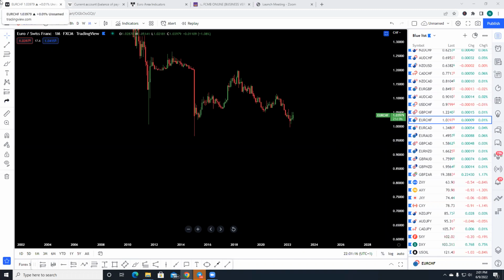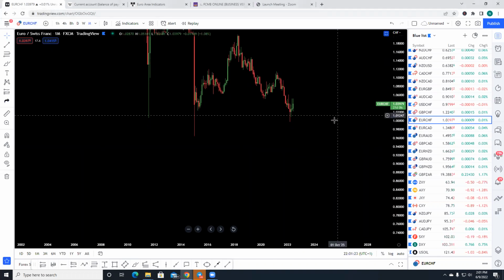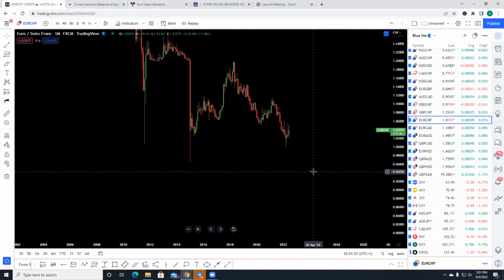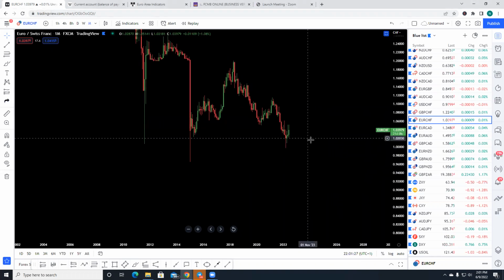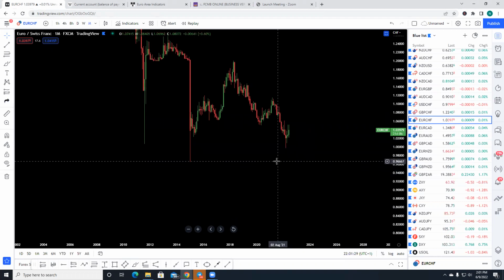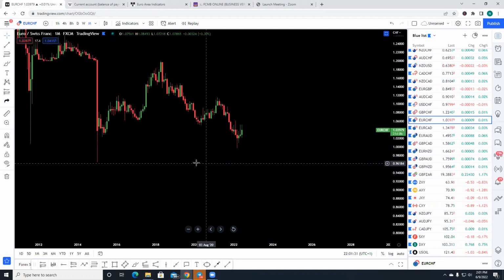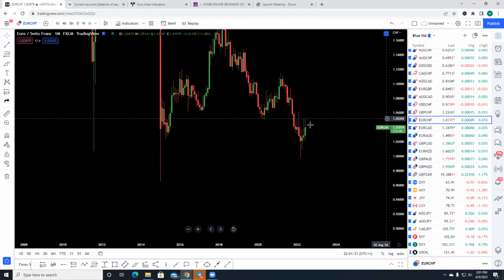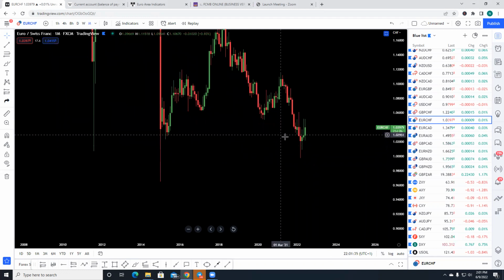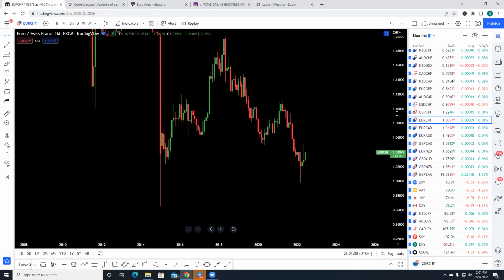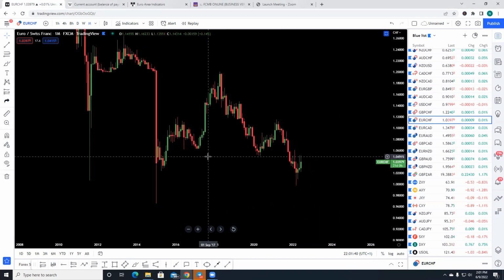I want to explain to you today that interest rate differential is not the only factor we consider before determining the direction of any instrument using fundamental analysis.